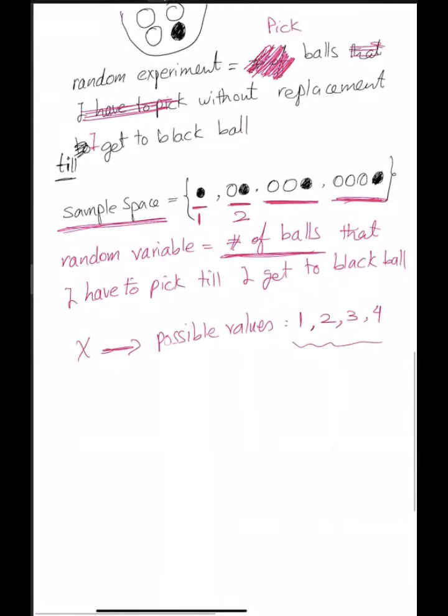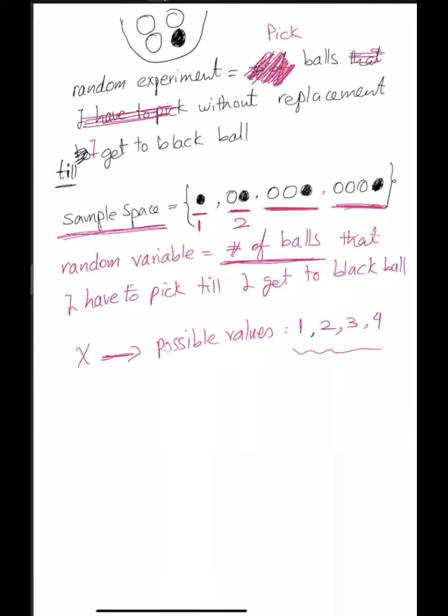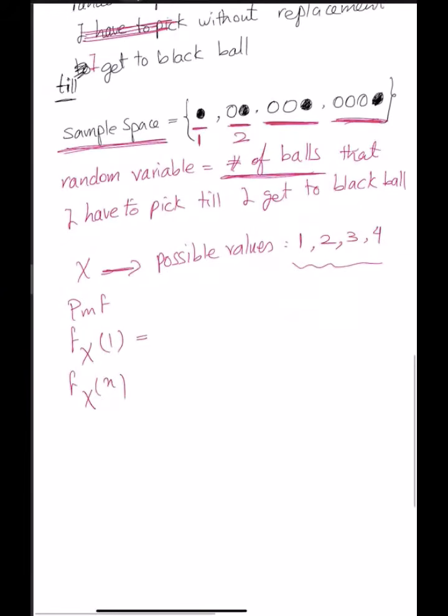So if you want, you can continue calculating the probabilities till you find the probability that any one of these four numbers happens. If I want to calculate the probability mass function, I have to find f of x1, f of x2, f of x3, and f of x4.